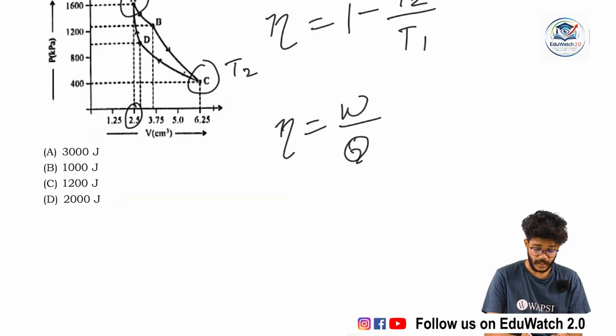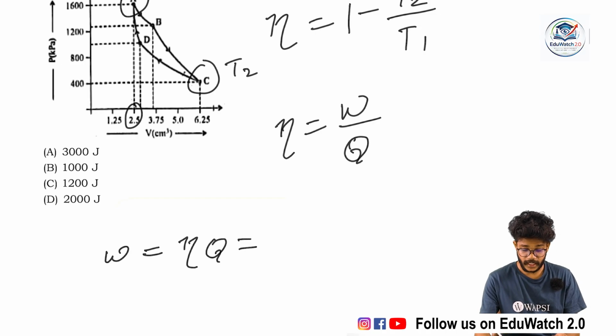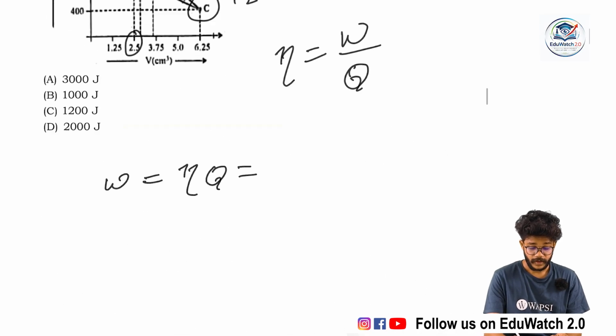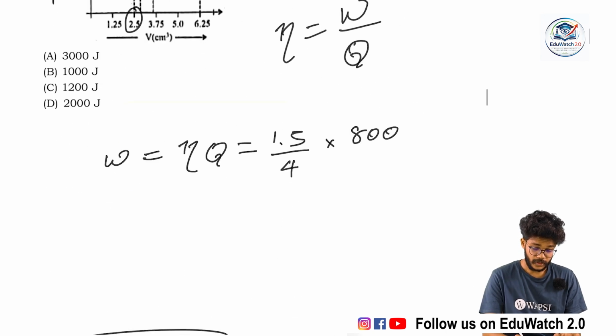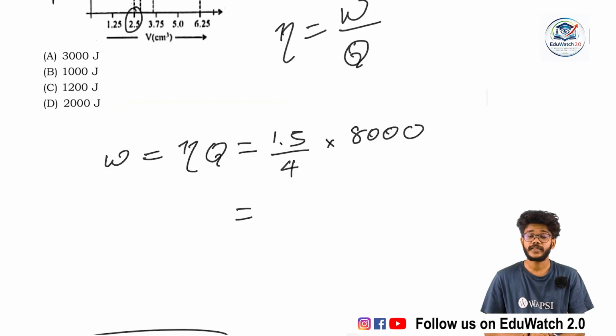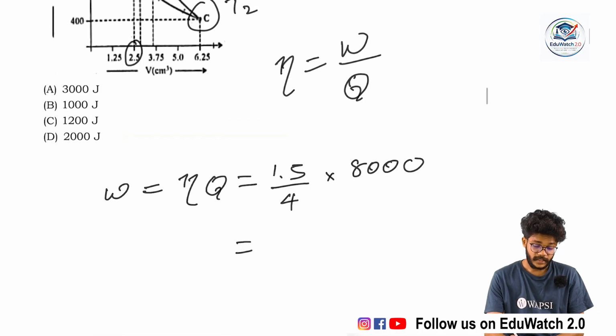So work is equal to eta into Q, and eta is 1.5 divided by 4 multiplied by Q. What is Q? 8000. So 8000 divided by 4 is 2000. 2000 into 1.5 is 3000. So the answer is 3000 joule.